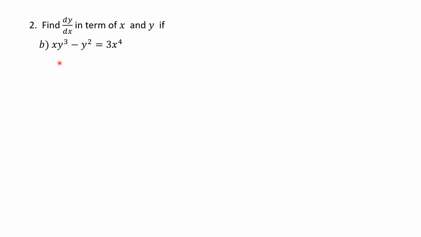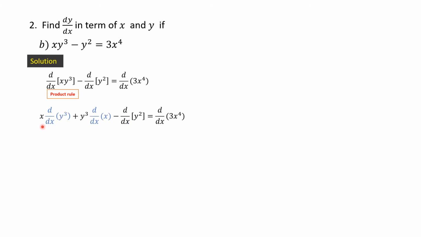B, x times y cubed minus y squared equal to 3x power 4. Find dy/dx. So we differentiate every term with respect to x. Now look at here, this is a product, x times y cube. So this is a product, so we use the product rule.